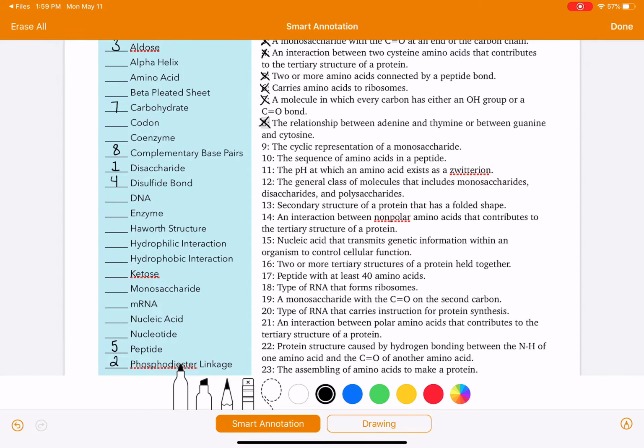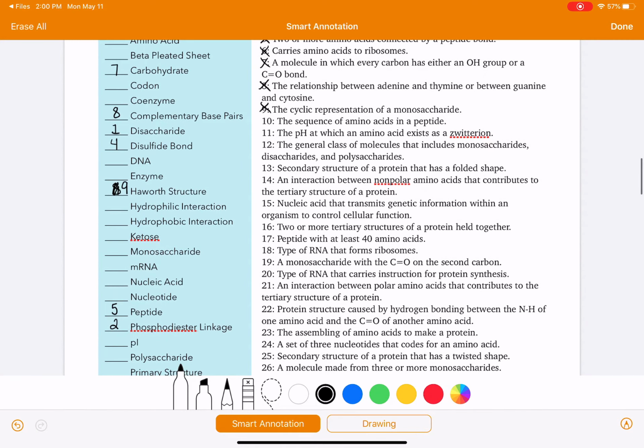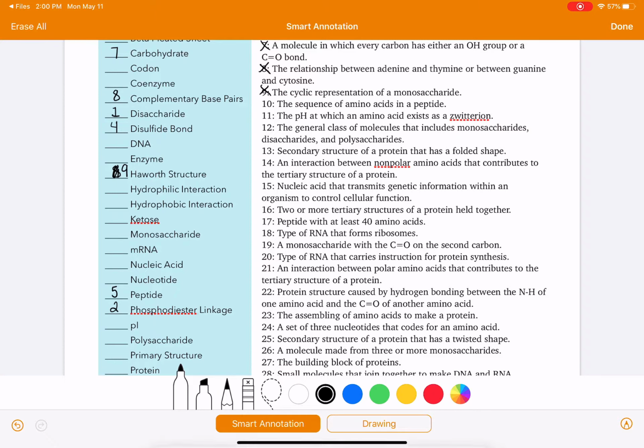The cyclic representation of a monosaccharide, the Haworth structure, that's number 9. The sequence of amino acids in a peptide, that is called the primary structure. Number 10. The pH at which an amino acid exists as its zwitterion is the pI.